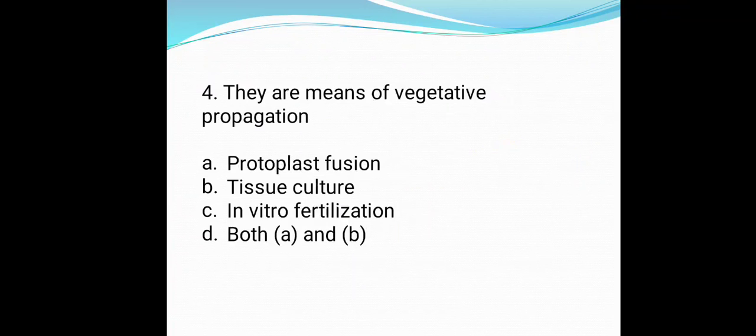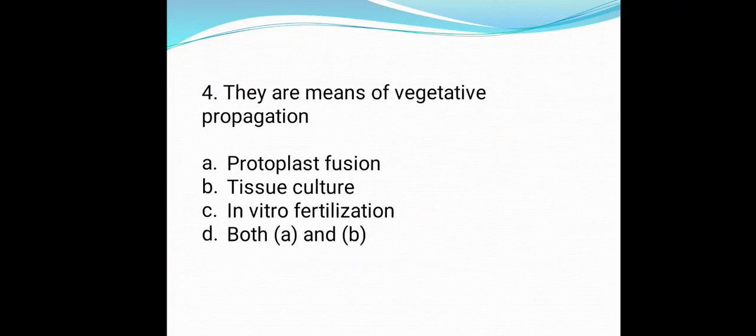Here protoplast fusion and plant tissue culture are the two biotechnological techniques used in the propagation of plants through vegetative cells. In case of protoplast fusion, the protoplasm of two vegetative cells are fused, thus sex cells are not involved in this.